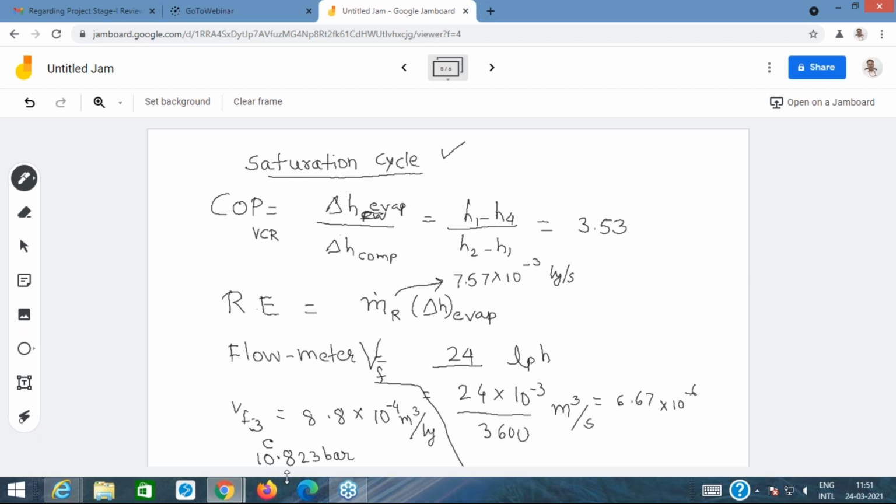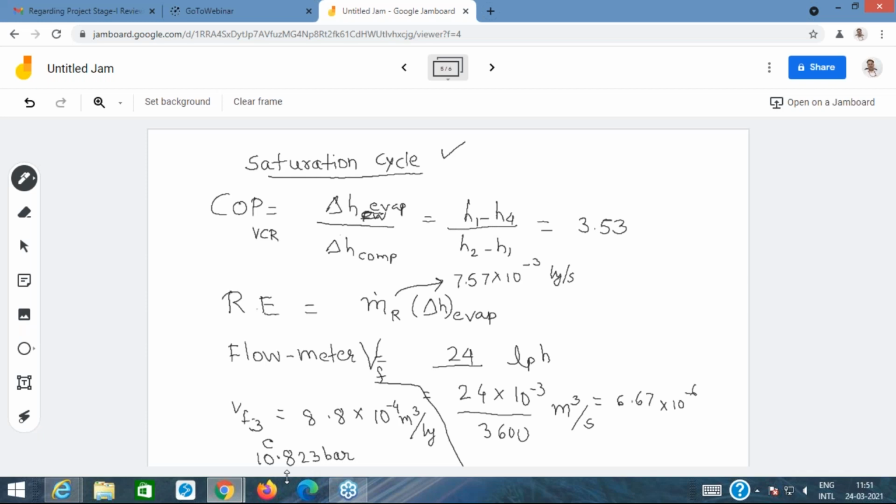So this mass flow rate, how do we find it? For finding the mass flow rate, we use the flow meter reading. We find the specific volume at state 3, which is the outlet of the condenser, from the pH diagram or from the refrigeration tables, and then divide the total volume by the specific volume, so that you get the mass flow rate in kgs per second.